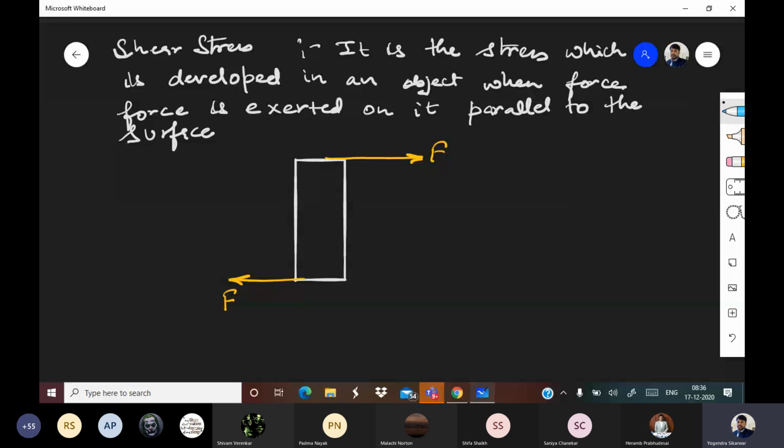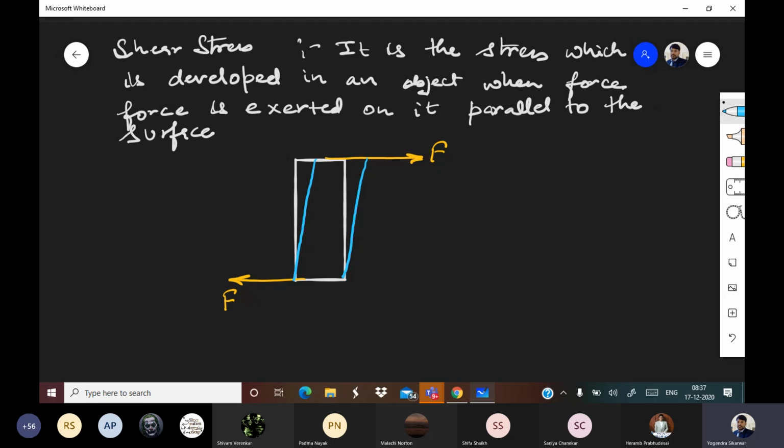How will it be deformed? It will be deformed in such a way, like this. Deformation will be caused because forces are acting on it.